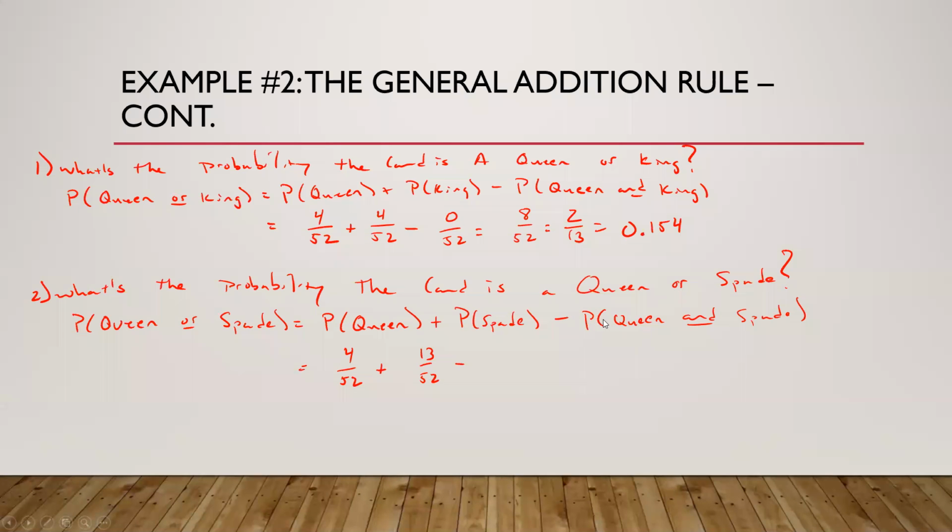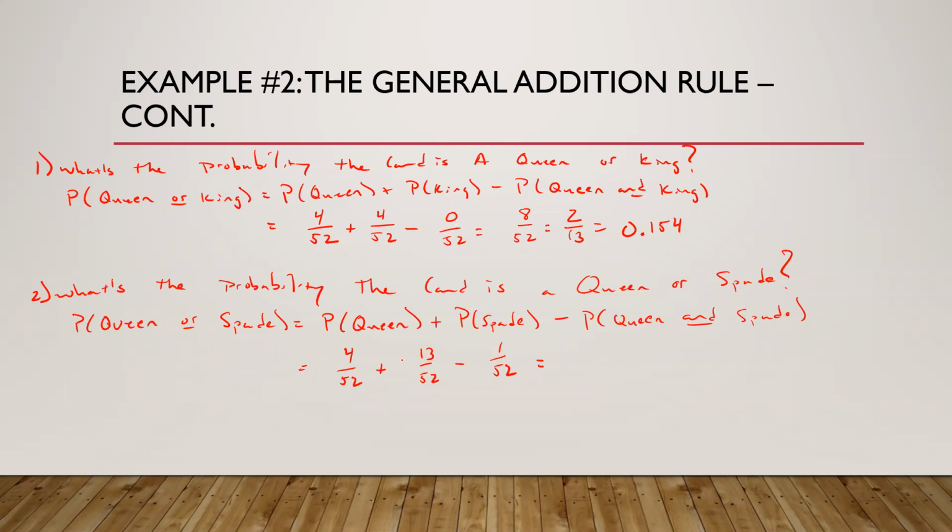So what is the probability? Can you draw a card from a deck of cards and have it be both a queen and a spade? Yes. And it's the queen of spades, and there's 1 queen of spades in the deck. So minus 1 out of 52. So here's an example where in the first one they were disjoint, but in the second problem they weren't disjoint.